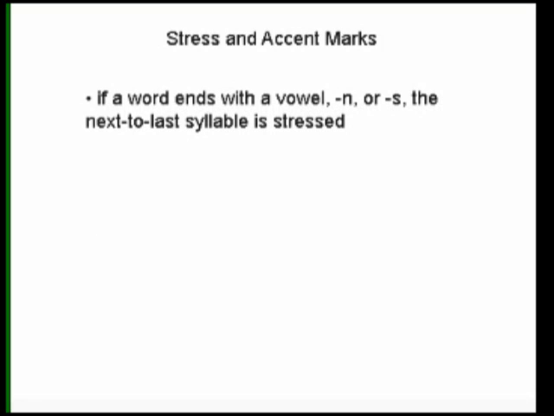Let's look at these rules one at a time, starting with the first one. Here we have a word, and if we know how to divide this word into syllables, we know that these are the syllables we end up with. We may not know, however, exactly how to pronounce this word because we may not be sure which syllable gets the stress.